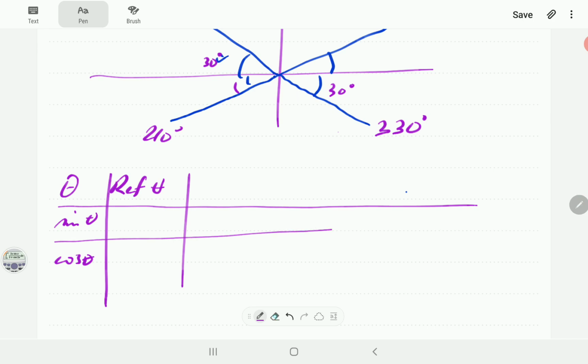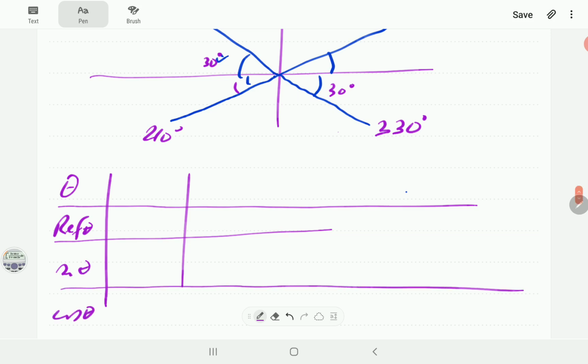The ref theta should actually not be here, it should be here. So we have ref theta here, and then we're going to have sine theta and cosine theta. So for 30, ref 30 is the same as itself.